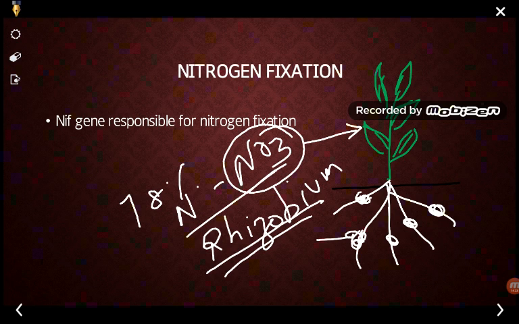If the nitrogen fixing genes which are present normally in the rhizobium bacteria of the leguminous plant can be transferred to a normal plant, then it may be possible that the plant may convert the nitrogen into nitrate form.